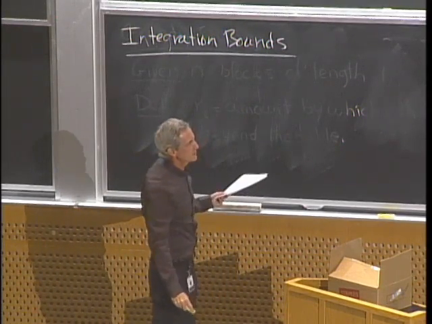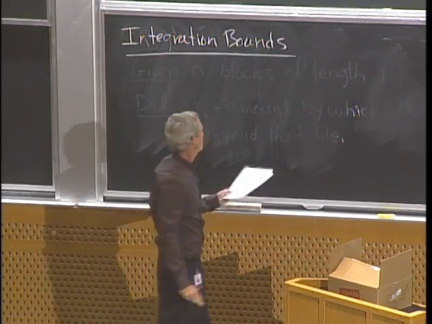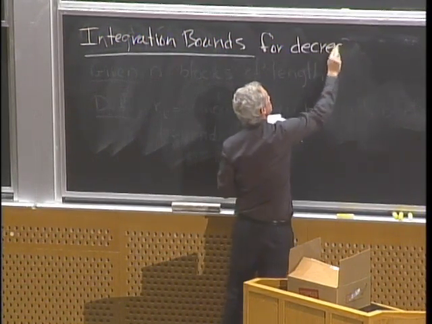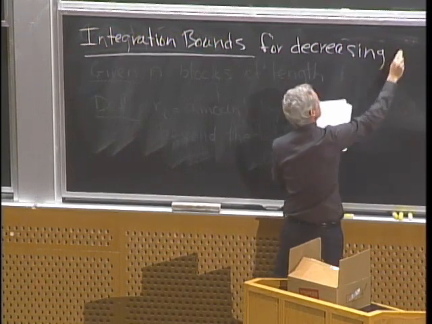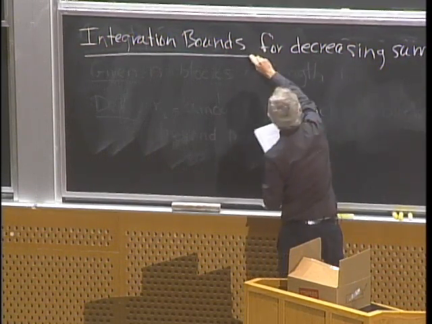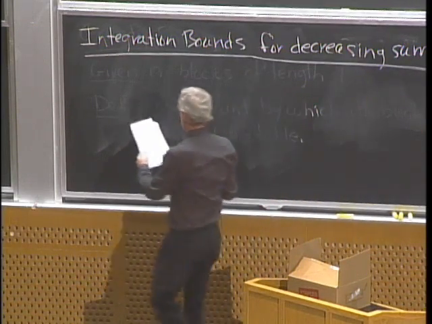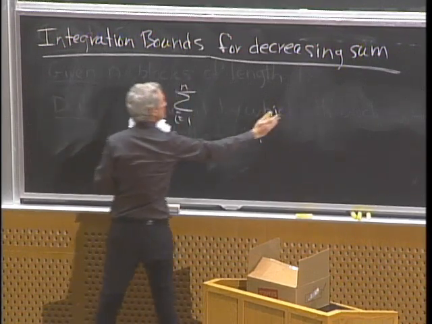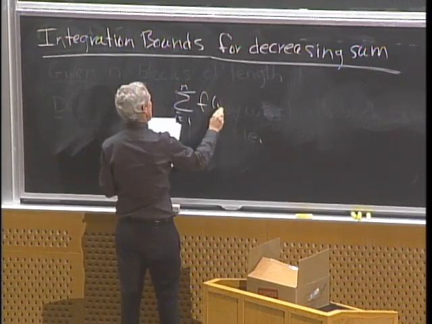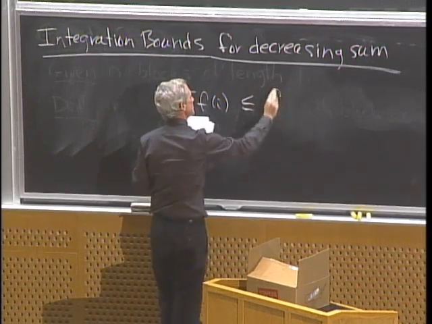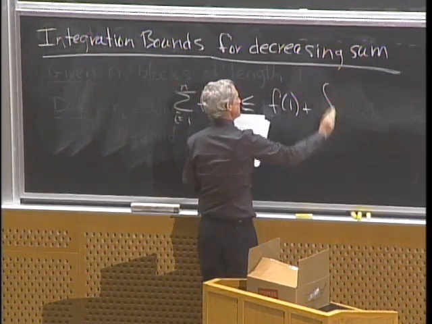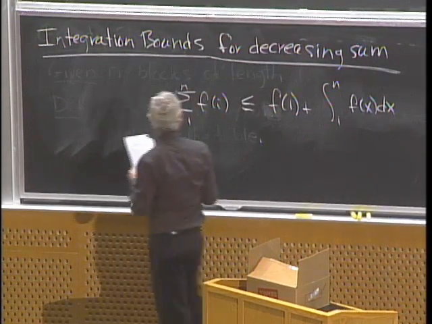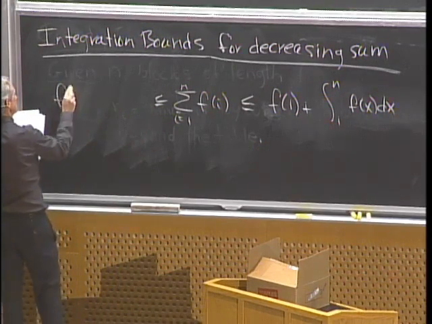Is it increasing or decreasing? Decreasing, yeah. So we'll use the formula we did last time. That formula is that the sum, i equals 1 to n, of f of i is at most the first term plus the integral, and it's at least the last term plus the integral.